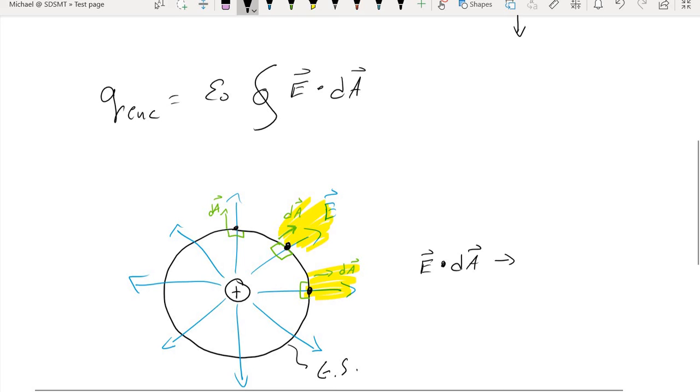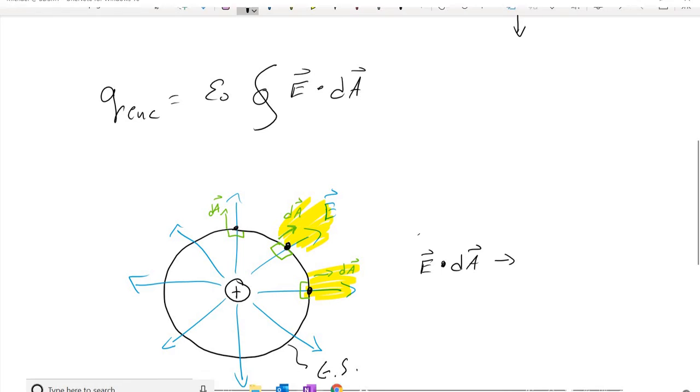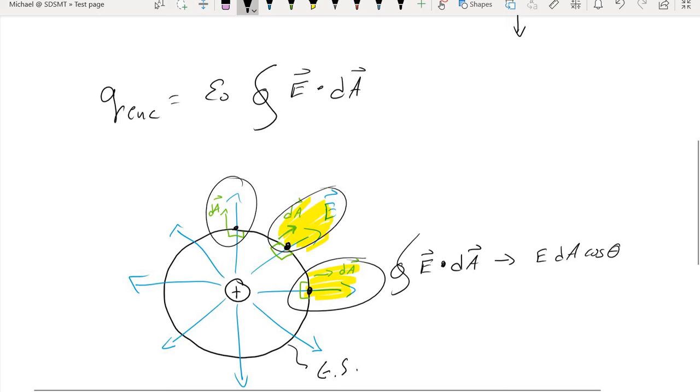And so we can take the dot product that is inside of our closed integral, and we can say there's a cosine relationship between those two vectors, but no matter where I look, those angle relationships are always 0, and cosine of 0 evaluates to a 1.